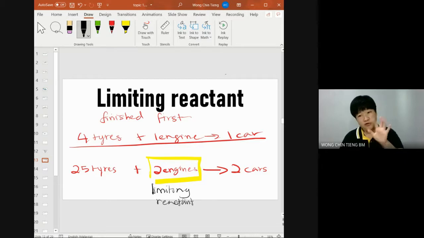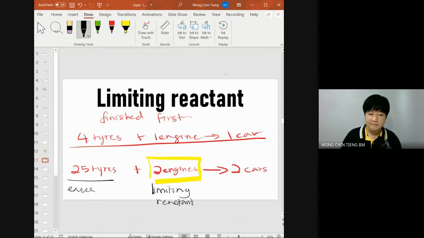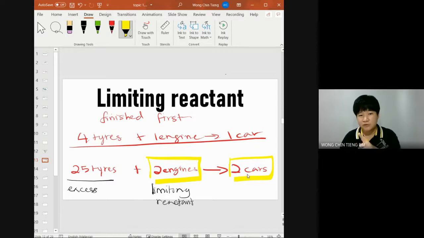Dan dalam proses so far, kita hanya akan ada 2 benda je. Limiting, excess. So kalau engine saya adalah limiting, straight away, tire adalah excess. Okay? And just now Novesh say, we'll be producing 2 cars. Novesh, why do you say 2 cars? It's because of 2 engines.